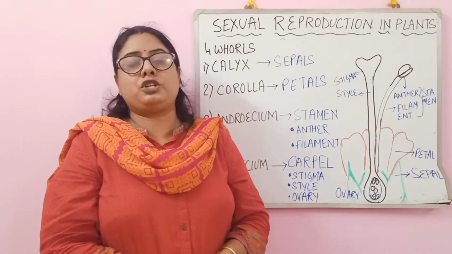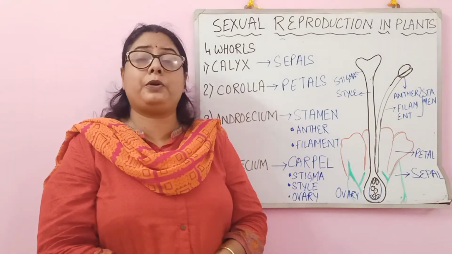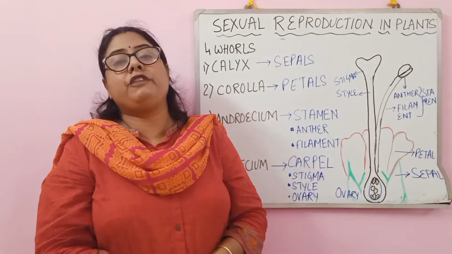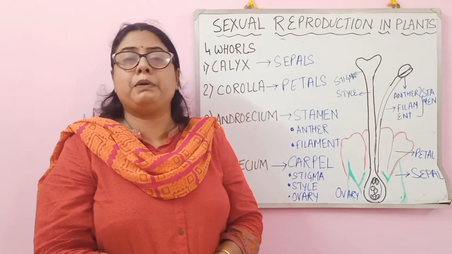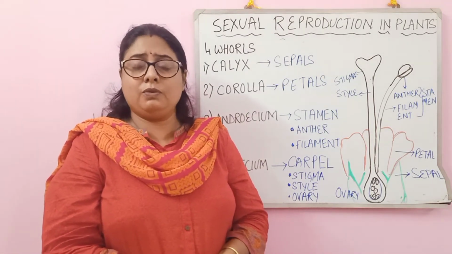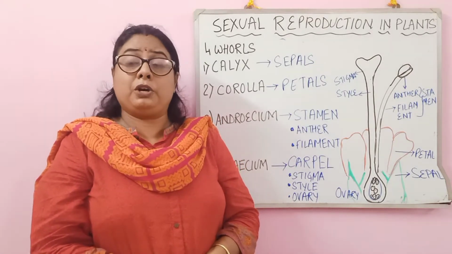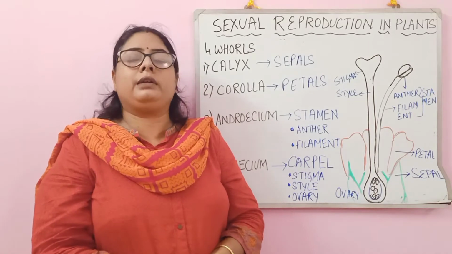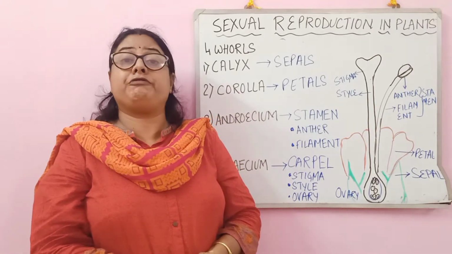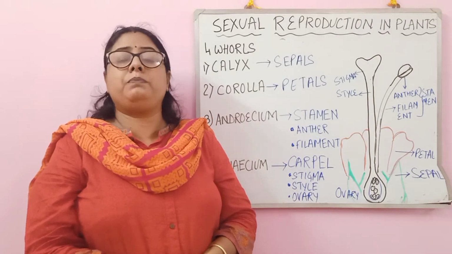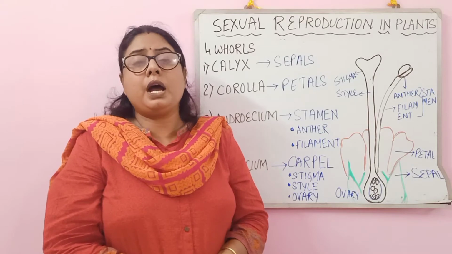And unisexual flowers are those flowers which have either male reproductive structure or female reproductive structure. Example, papaya. You will see there are some papaya plants which will never bear fruits because they have the male type of flower, and the female plant which bears the female flowers actually produces the fruit.